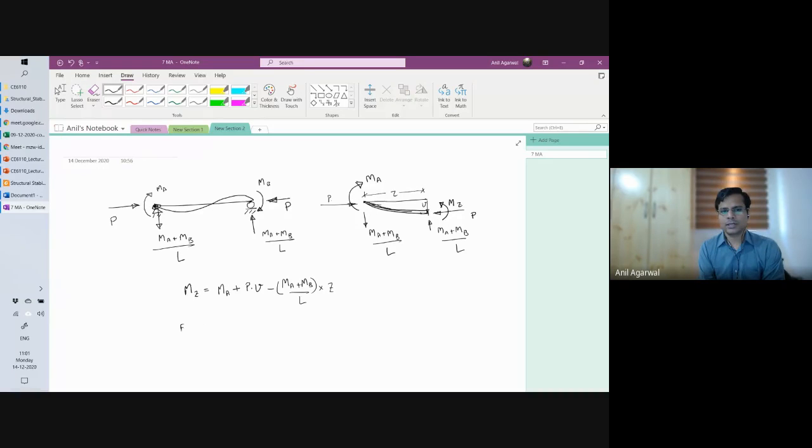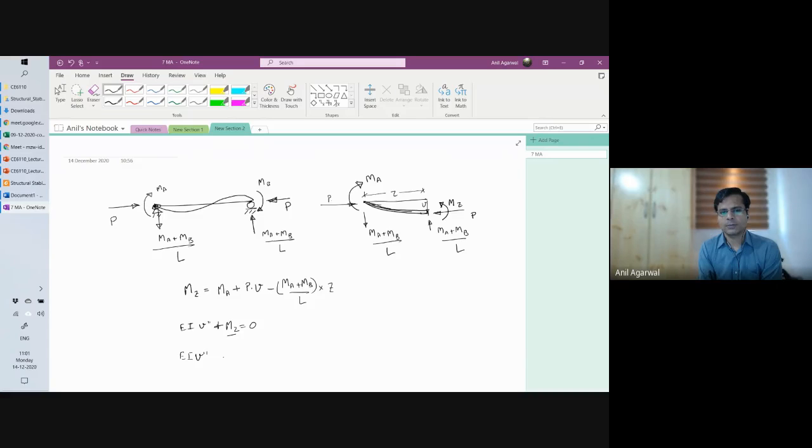So now we know that EI V double prime, V is the deformation, right? EI V double prime plus MZ equals 0. Agreed? So now MZ I can substitute here. What do I get?